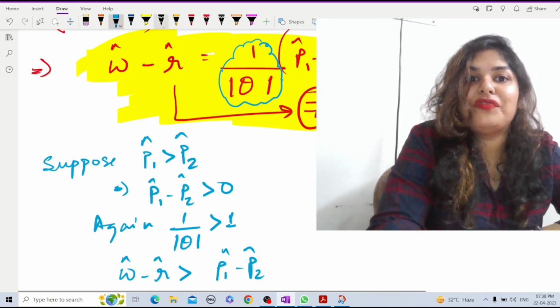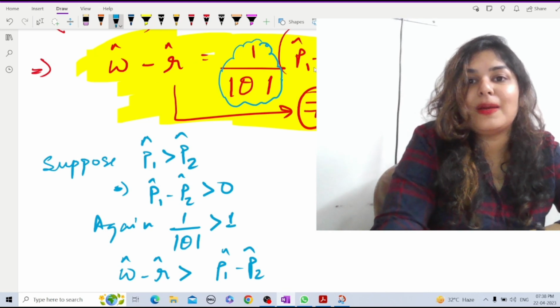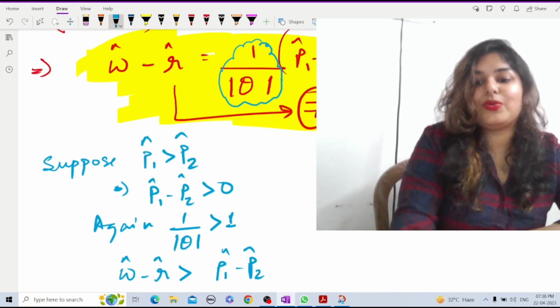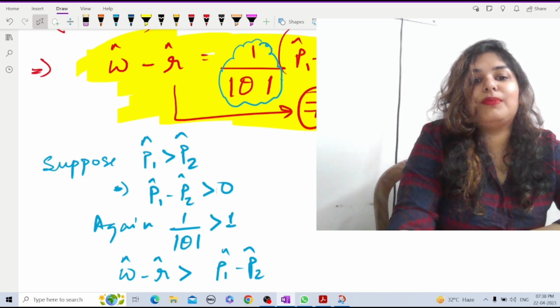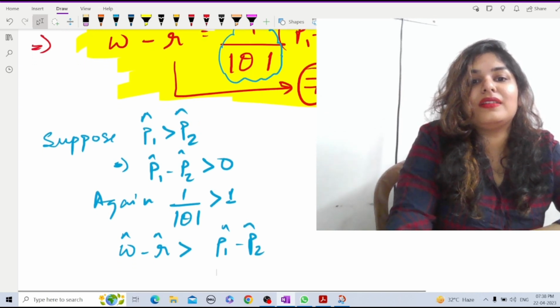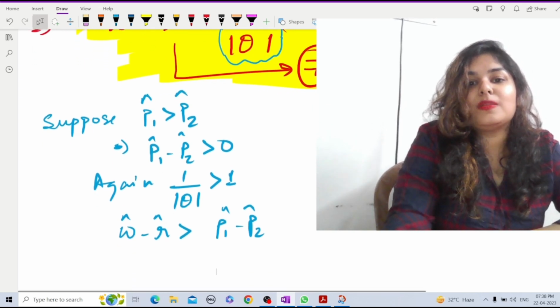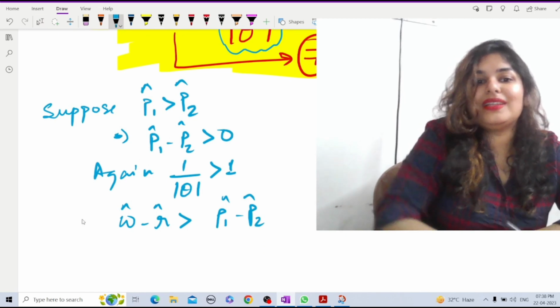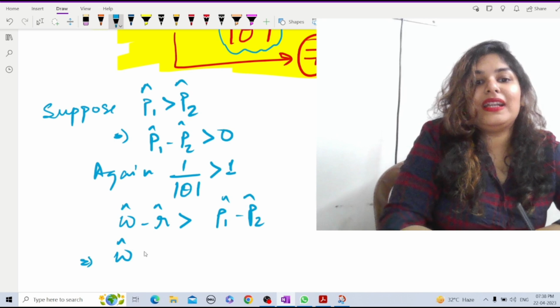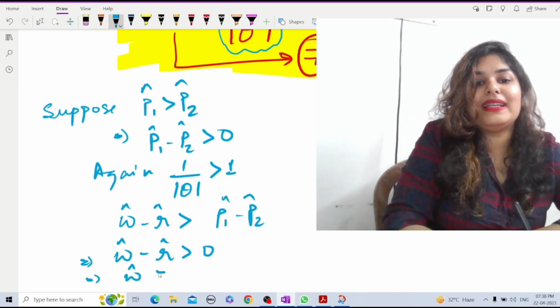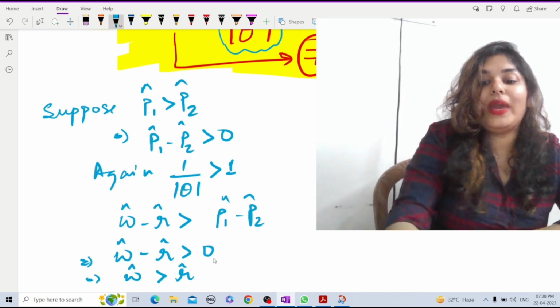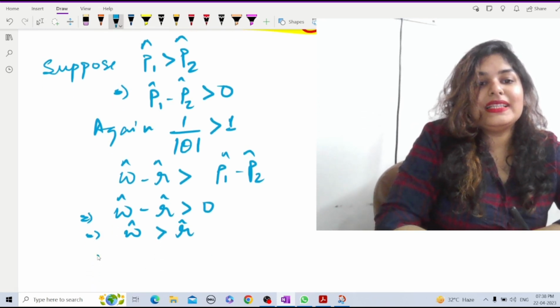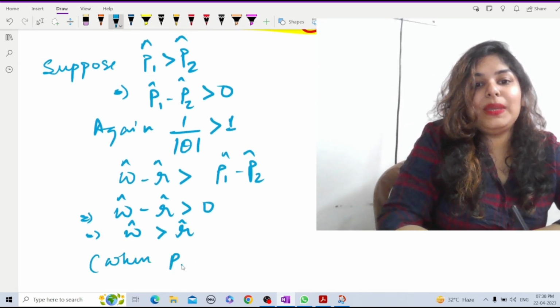So obviously this is greater compared to just P1 hat minus P2 hat. So that is what we have written, that W hat minus R hat is greater than P1 hat minus P2 hat. And now we know that P1 hat minus P2 hat is greater than 0. So this implies W hat minus R hat is greater than 0, which implies W hat is greater than R hat. This is possible when P1 hat is greater than P2 hat.